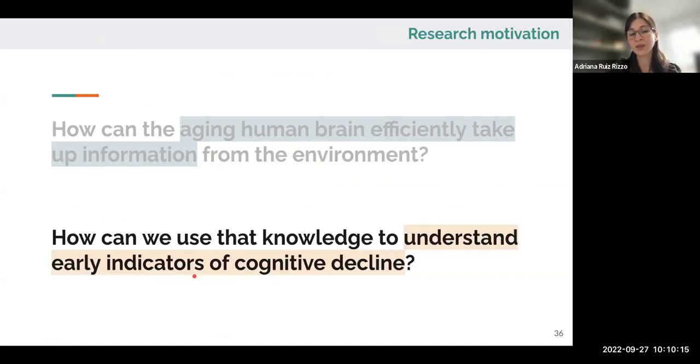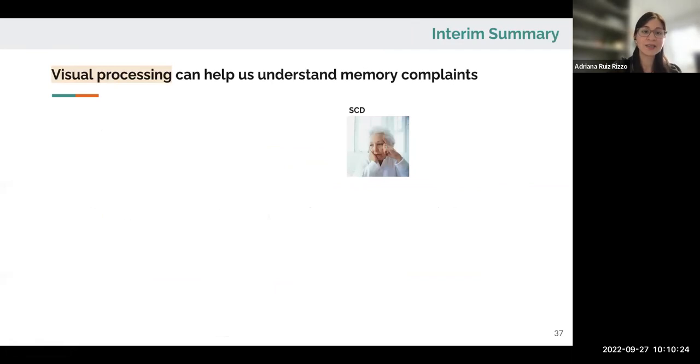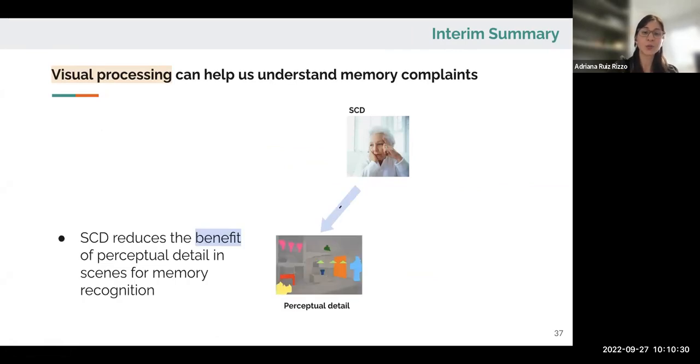So for the second question, how can we use that knowledge to understand early indicators of cognitive decline? One answer is that visual processing can help us understand memory complaints, because we have seen that subjective cognitive decline reduces the benefit of perceptual detail in scenes for memory recognition, as I showed in the first study.